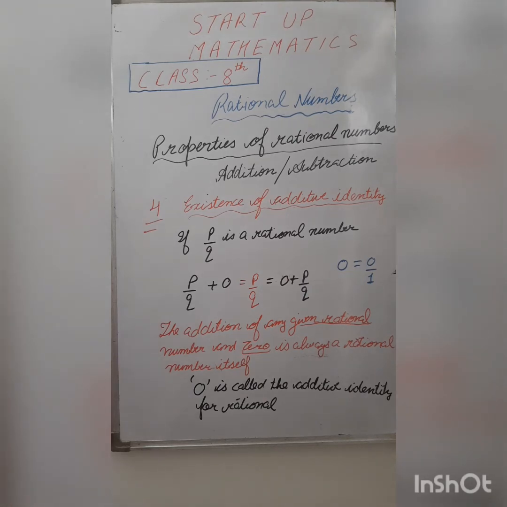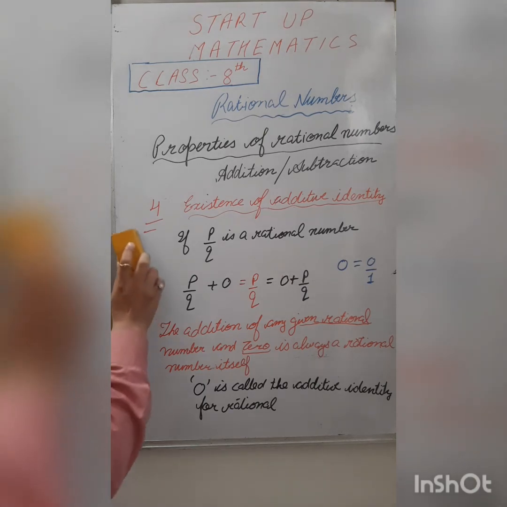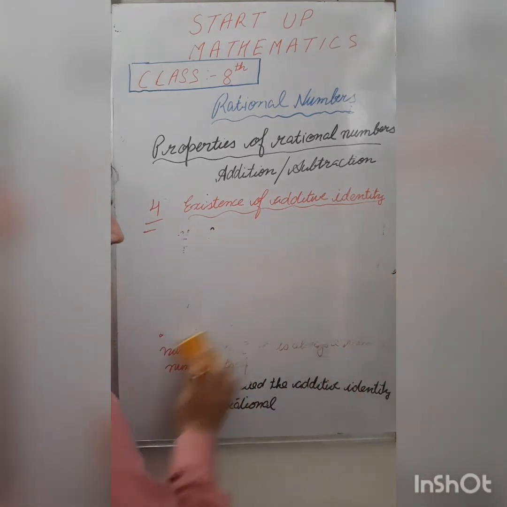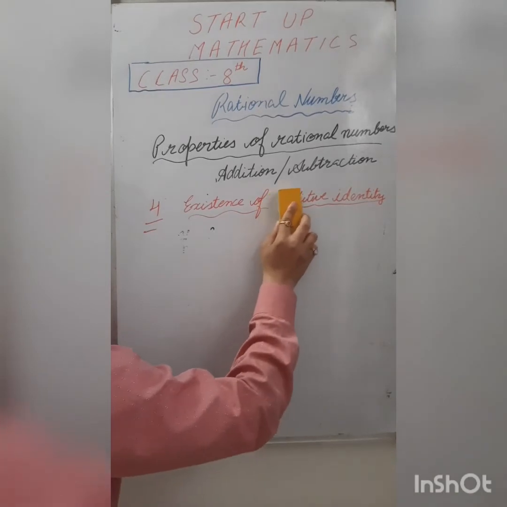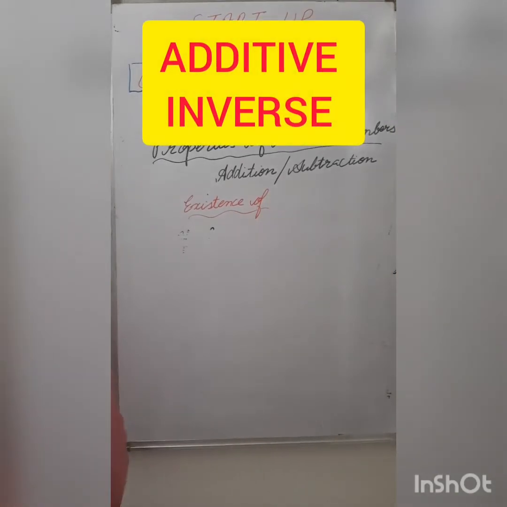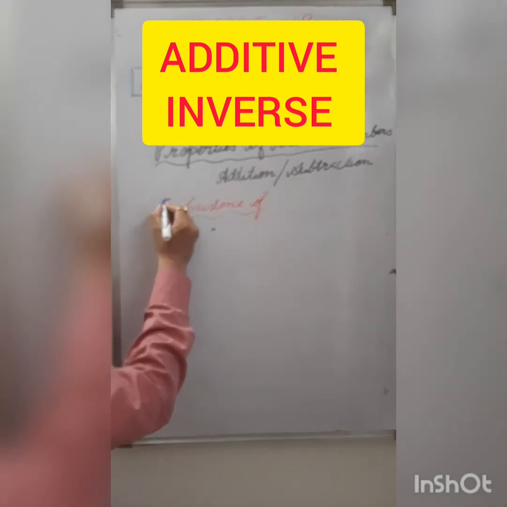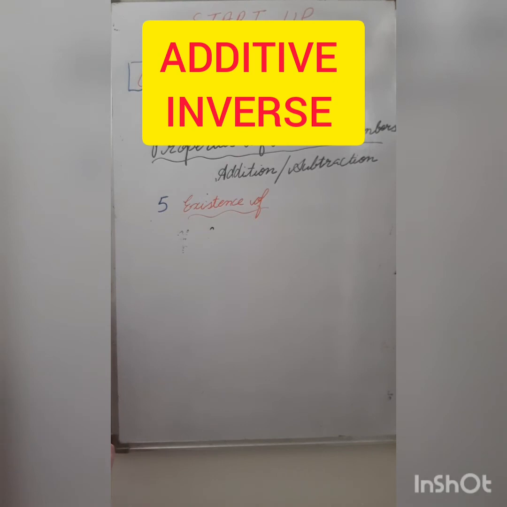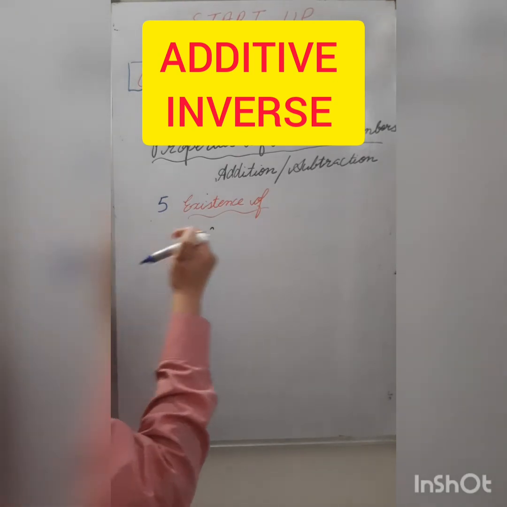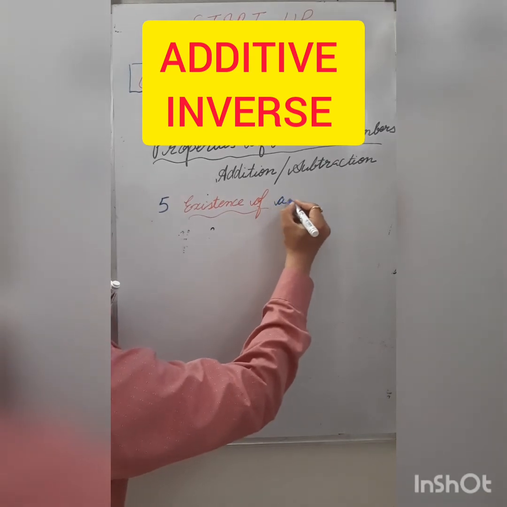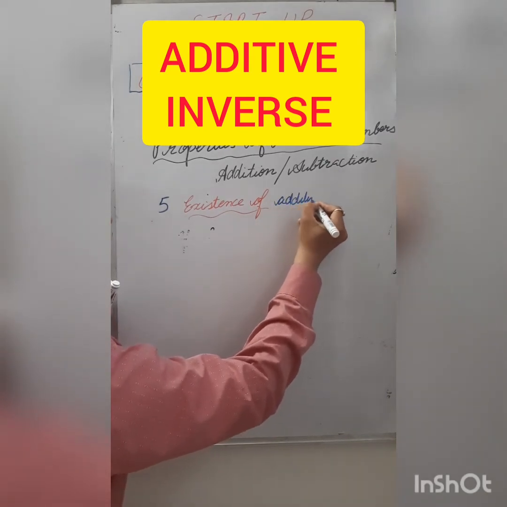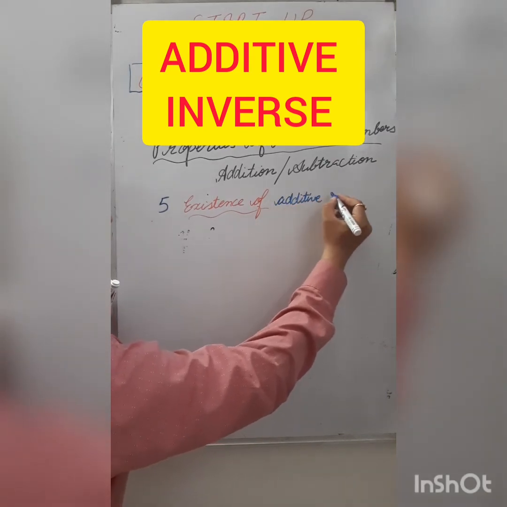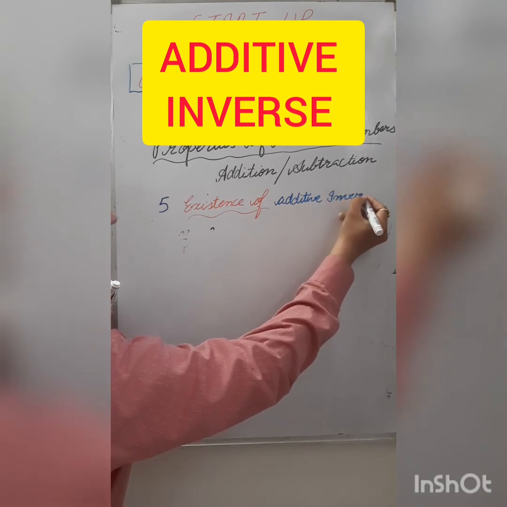Next, look at the last property, that is the existence of additive inverse. The fifth property is existence of additive inverse.